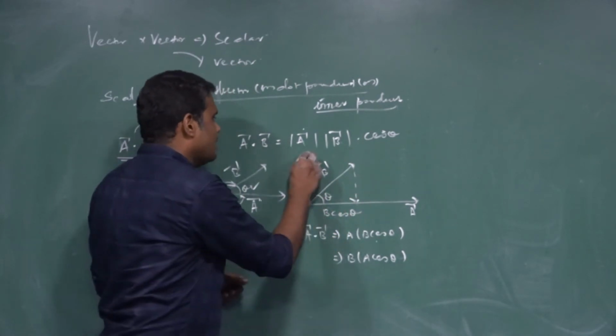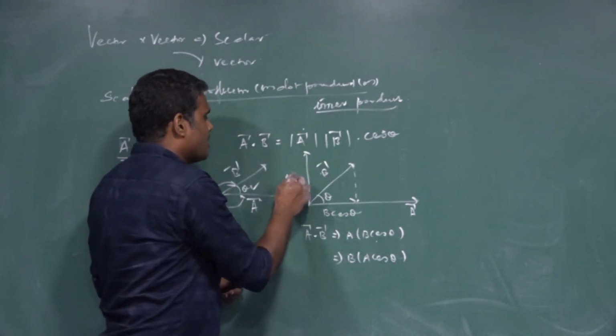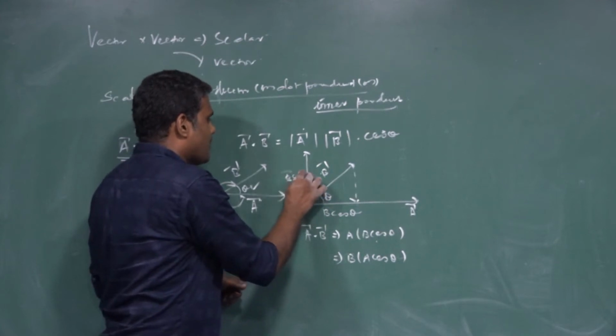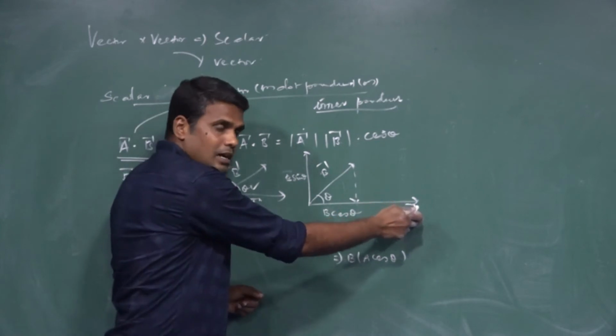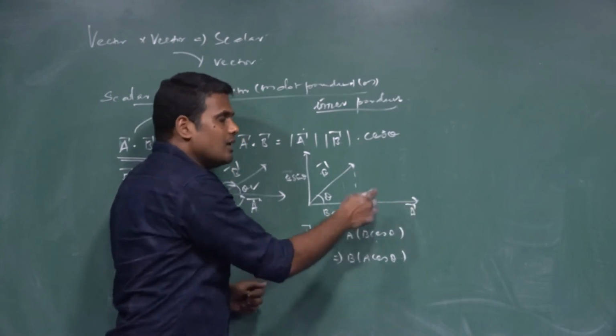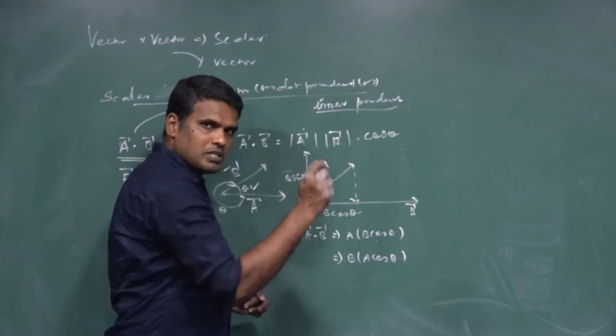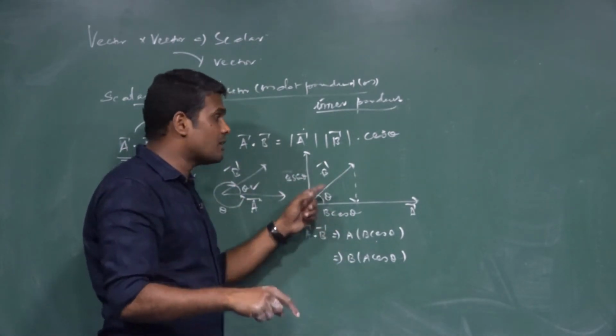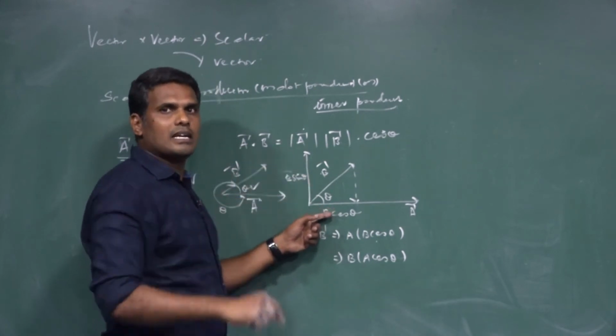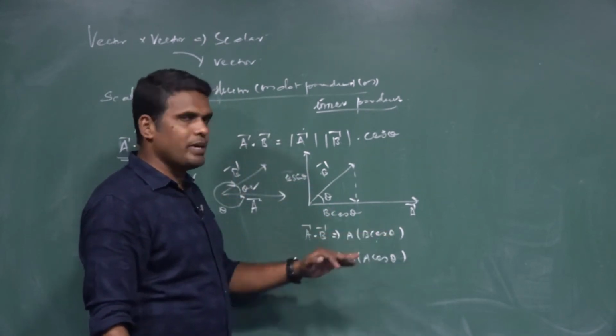If you take the perpendicular or vertical component as B sin theta, then B sin theta is acting perpendicular to A. Which one is acting along the direction of A? B cos theta. So the first vector must be multiplied with the component of the second vector acting along the direction of the first vector. So A into B cos theta.